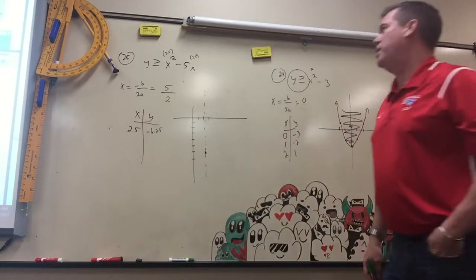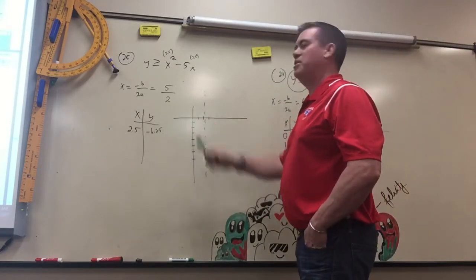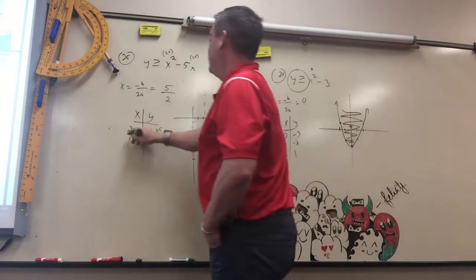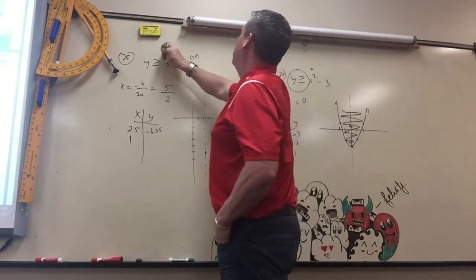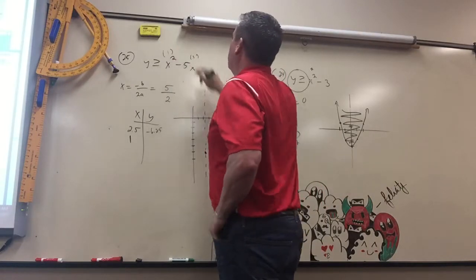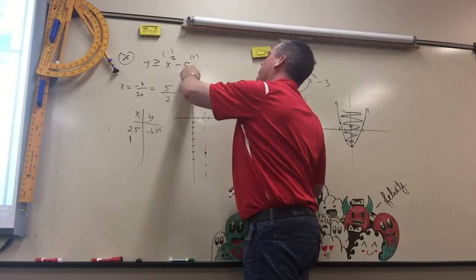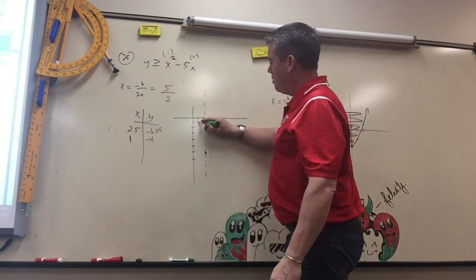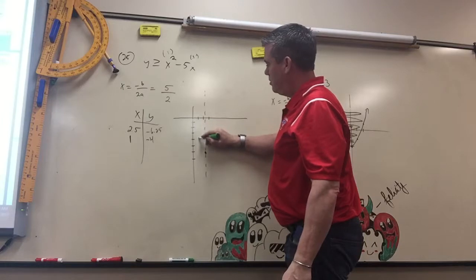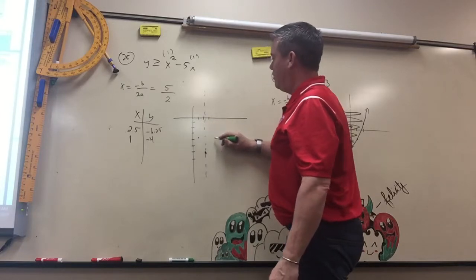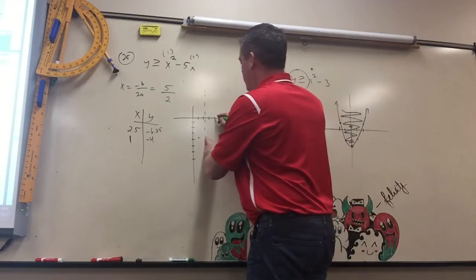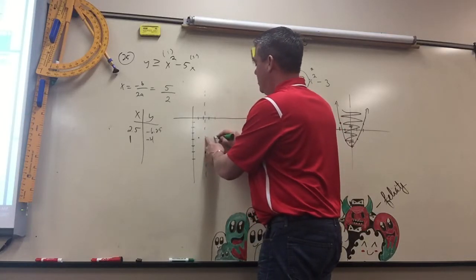So 2 easy points would be 1 and 0 because they're close to the dotted line. If I put 1 in, 1 squared take away 5 is negative 4. So at 1 over, 4 down, and then you flip that over, it's 1.5 to the dotted line, so you gotta go 1.5 over, be right there.